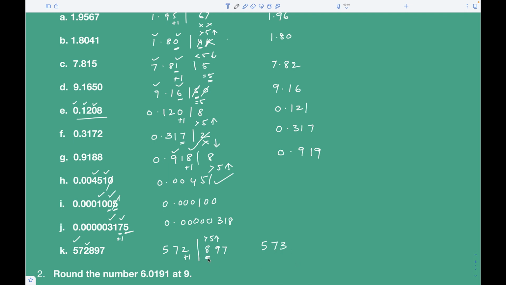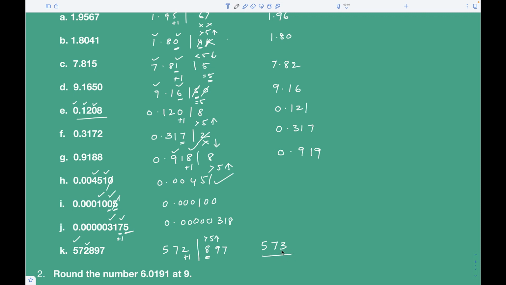Then what should we do with these remaining 3 digits? Should we simply say the answer is 573 and drop these 3 digits? Does it make sense? When you round 572,897 to 3 significant figures, do you get an answer as small as 573? It doesn't make sense, right?